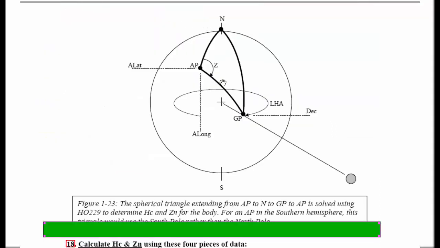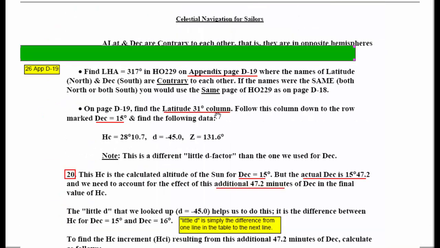You see this triangle that we talked about a few minutes ago, and Z is the internal angle of that triangle between the meridian from the AP to the North Pole, and that is a great circle lying along a meridian, and the azimuth from the AP to the GP. So Z is that internal angle of that triangle. And then depending on some other factors, you're going to convert that Z to a Zn, and I'll show you that in a minute.